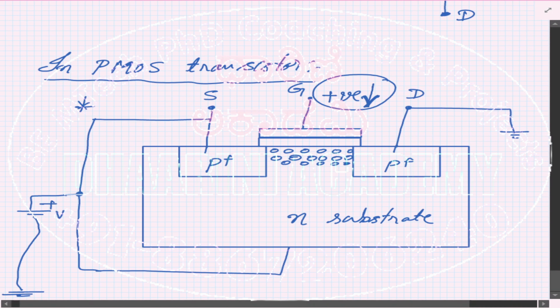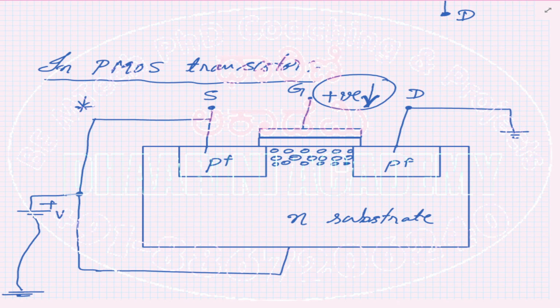And when the voltage is sufficiently lower, I can find the source and the drain regions of the P MOSFET getting connected using a P channel, because there is a sufficiently large number of holes. The holes on the P plus side of the source as well as the P plus side of the drain are now getting connected by the channel. So the channel comes into the picture only when there is a sufficiently lower gate voltage, not at a higher gate voltage.